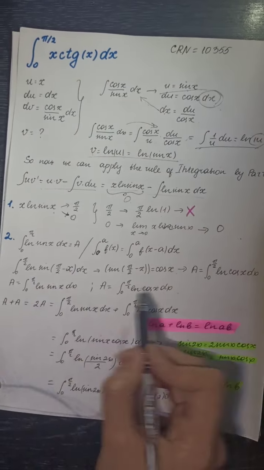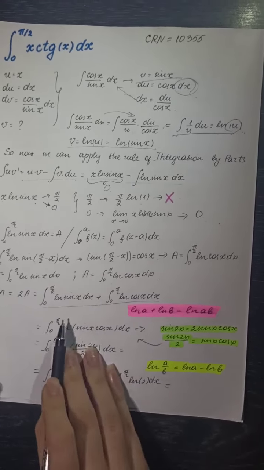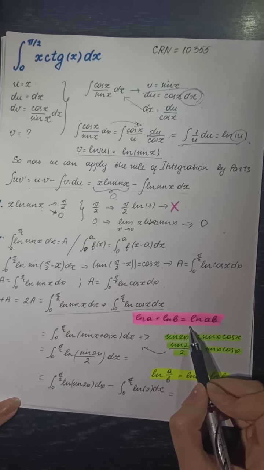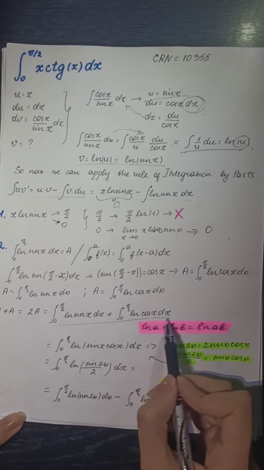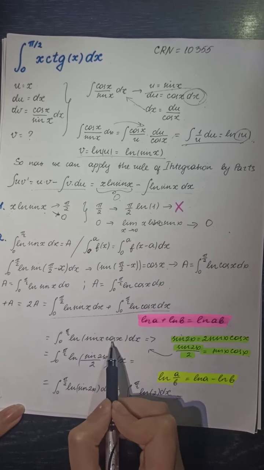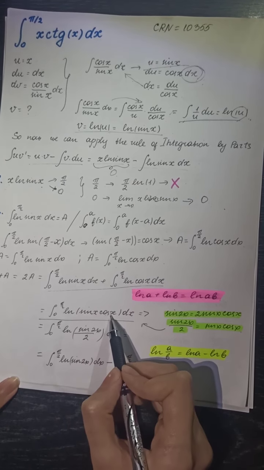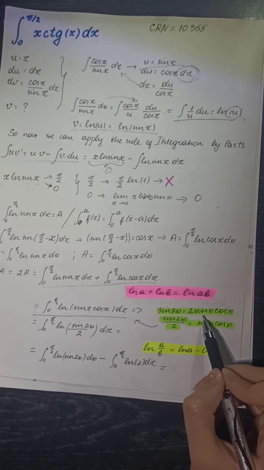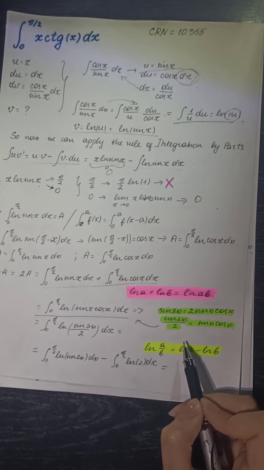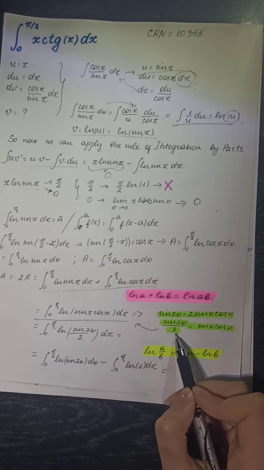When we find the sum of these expressions, we find this. And we all know that ln a plus ln b equals ln ab. We can put these sine x cosine x in one integral. So we find this expression. And for sine x cosine x, we all know that sine of 2x equals 2 sine x cosine x. We find that sine x cosine x equals sine 2x divided by 2.